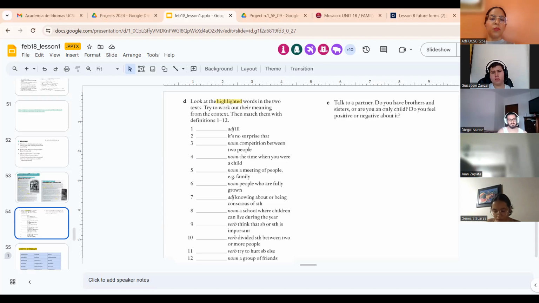Do it on a piece of paper in your notebooks from slide 52 to 54.